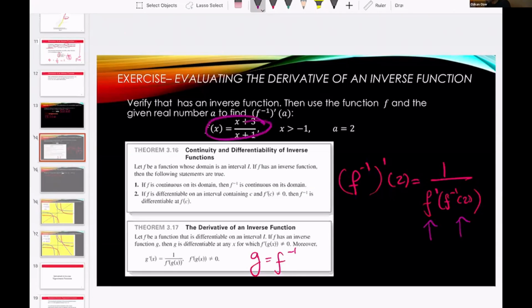You can use the quotient rule for taking the derivative of this function. For finding f inverse of 2, you essentially set this rational expression equal to 2 and solve for x.